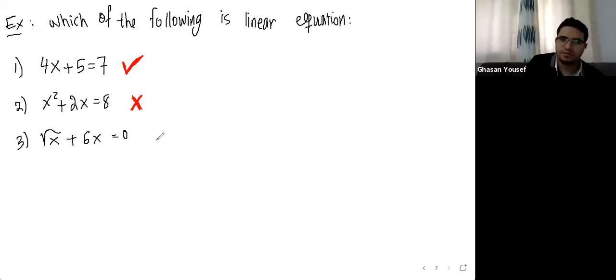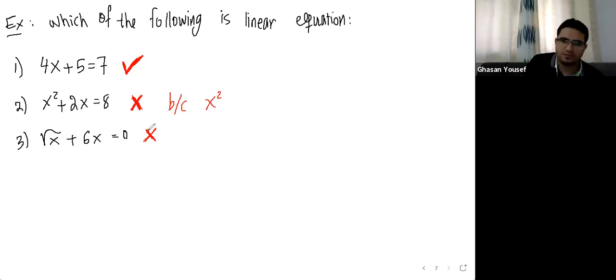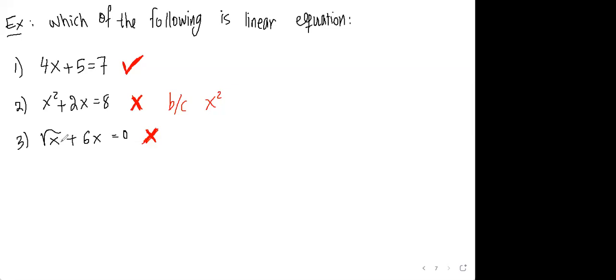What about the third one? Also no, not linear. What about this variable, raised to which power? Second degree?